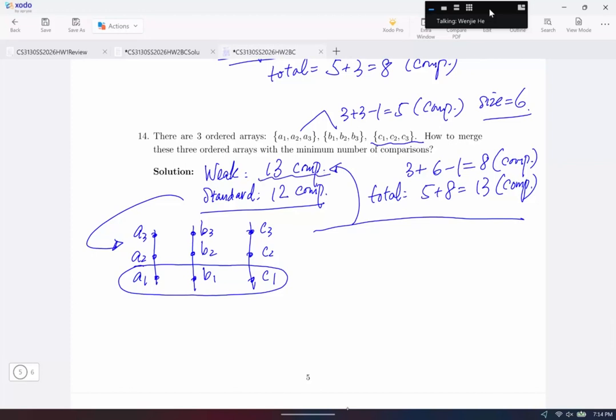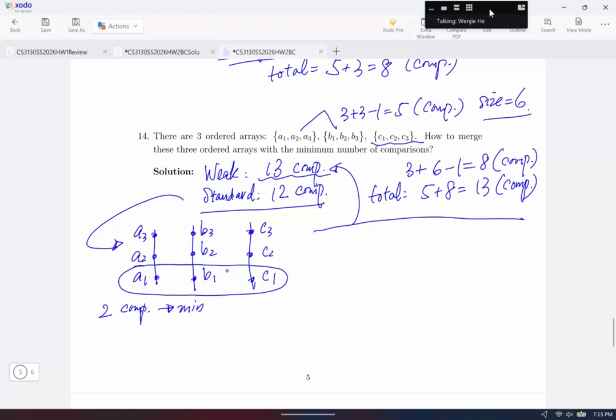You can see how much worse than even the weak solution. For example, in order to find the minimum, you need to use 2 comparisons, because the minimum of 3 elements takes 2 comparisons. You get the minimum, right? So the minimum you put in place.